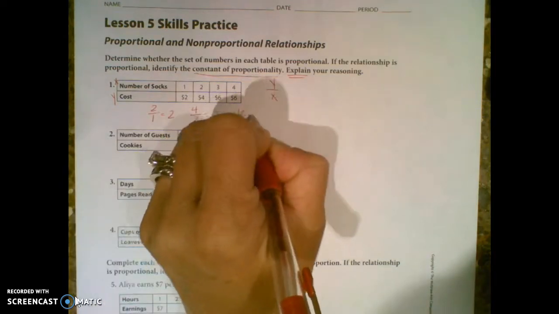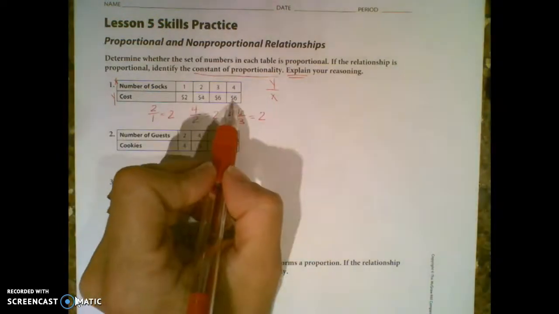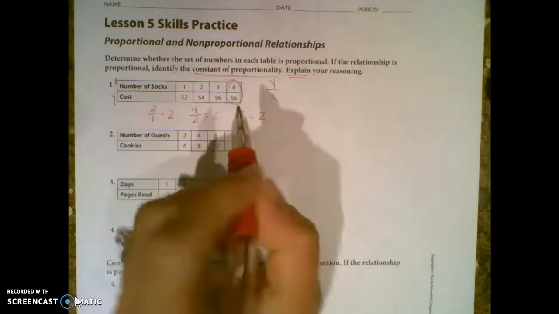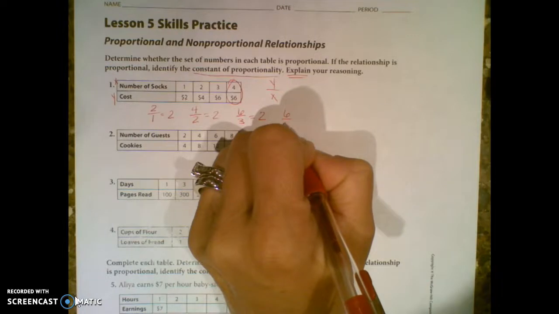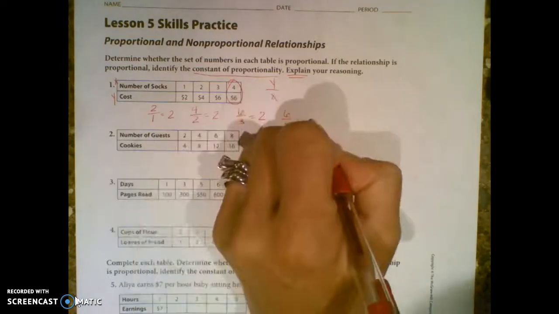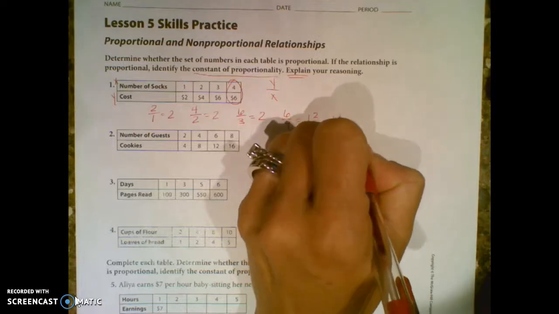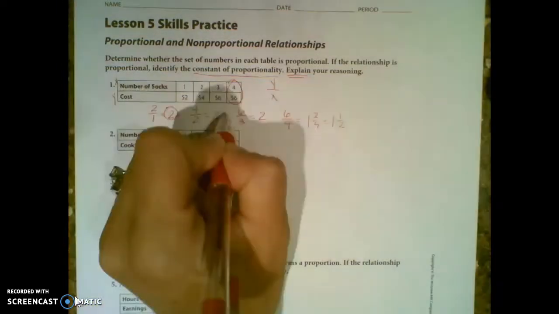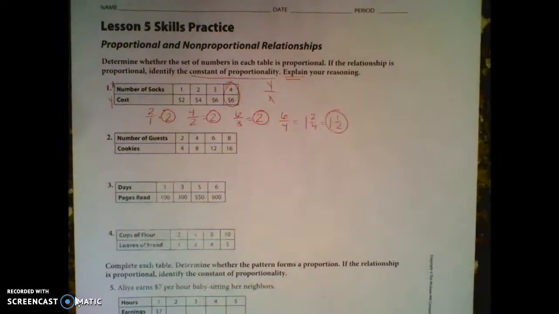Y over x. 6 over 3 is 2. So far, so good. But here's where we go, uh-oh, look what's going on here. Y over x, 6 over 4 is 1 2/4 or 1 1/2. It is not the same as my first 3 ratios.